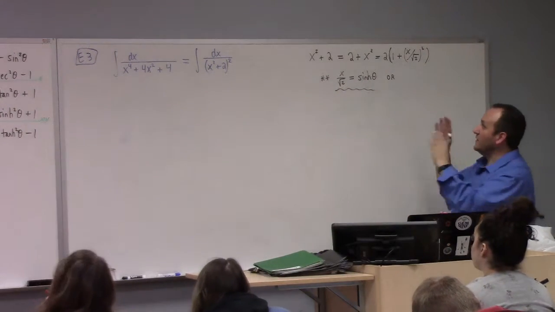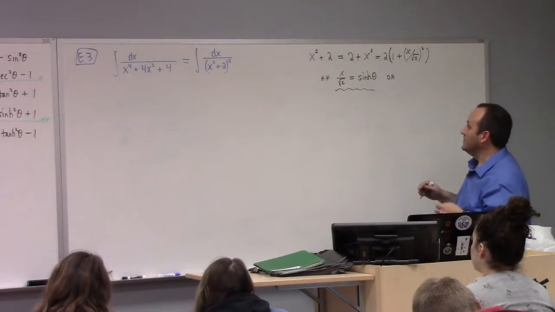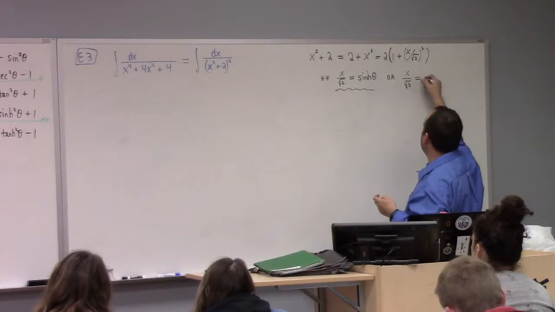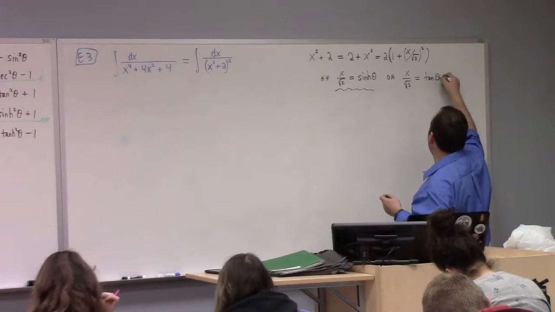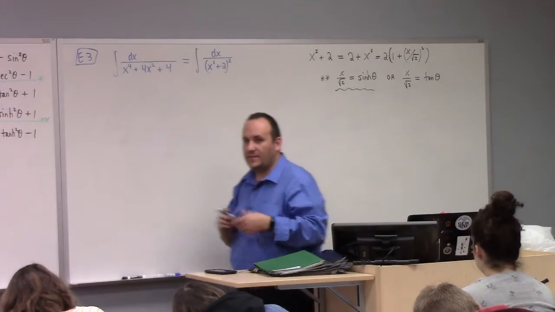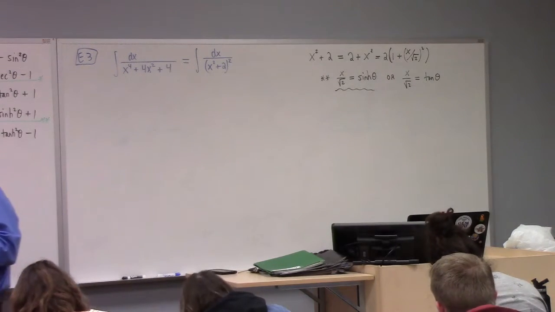If we want to make this 1 plus something squared become a single square, we do what? x over root 2 equal to what? Tangent theta. I'm not sure which one's better. Let's do the tangent theta since we haven't done that yet, all right?